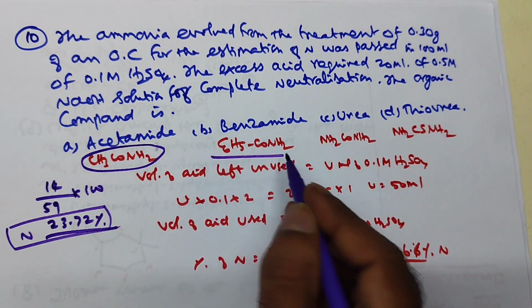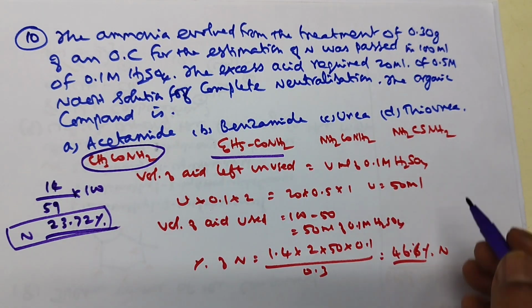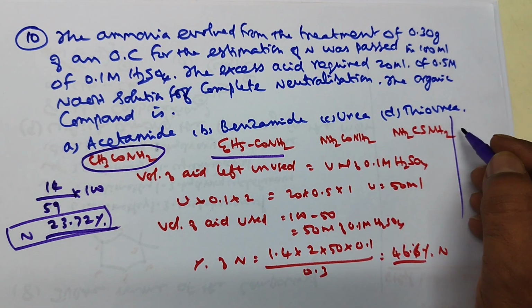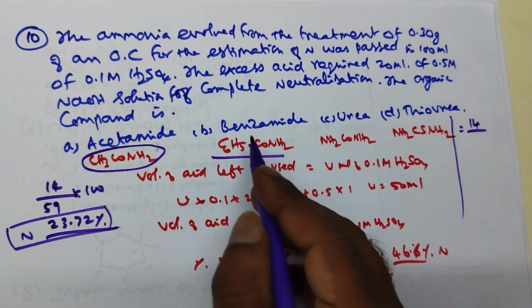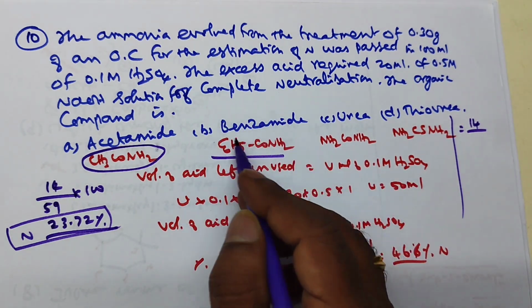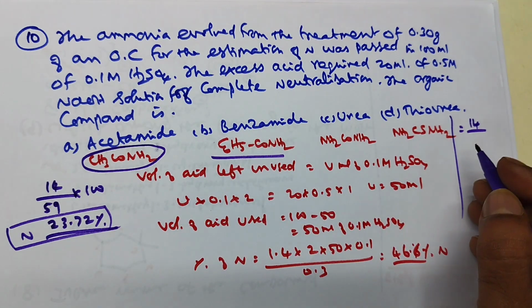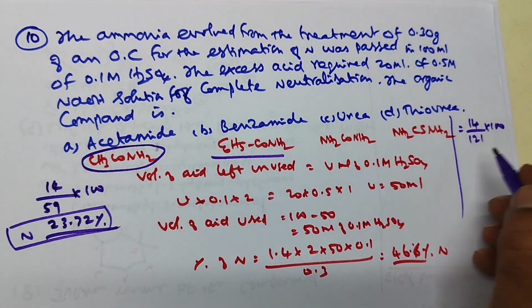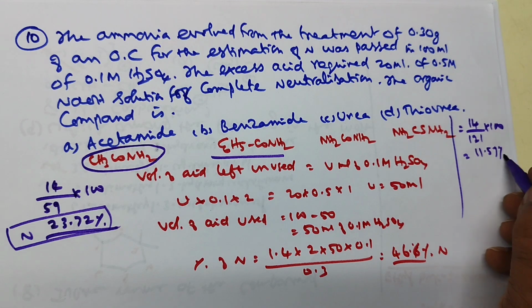Similarly, work out benzamide. The nitrogen atomic mass is 14 divided by the total molar mass of benzamide, which is 121, into 100. We get the answer 11.57%.